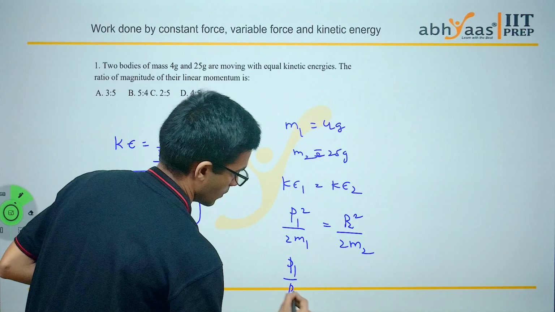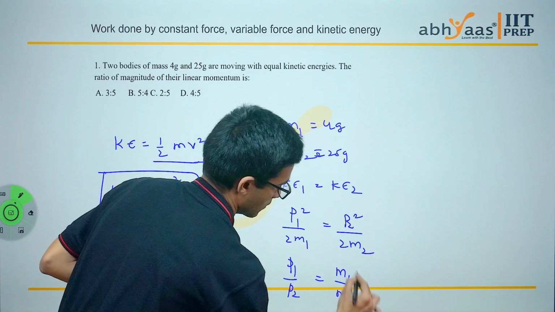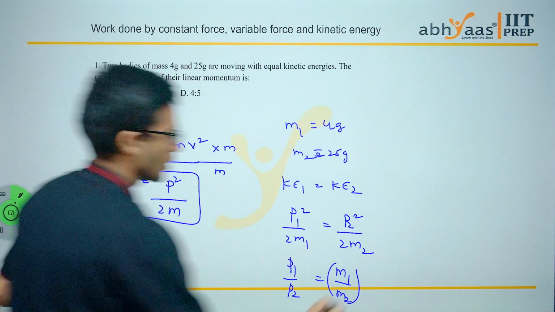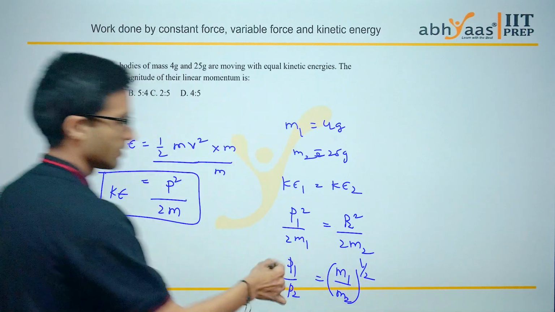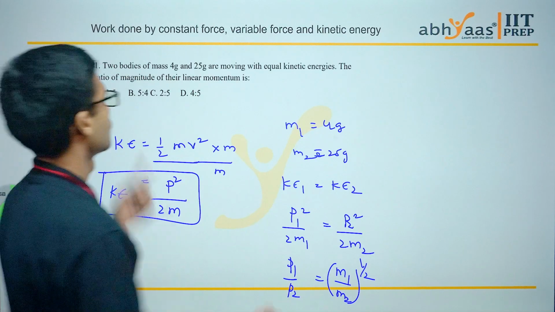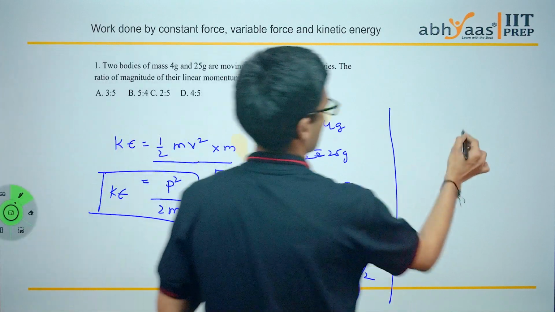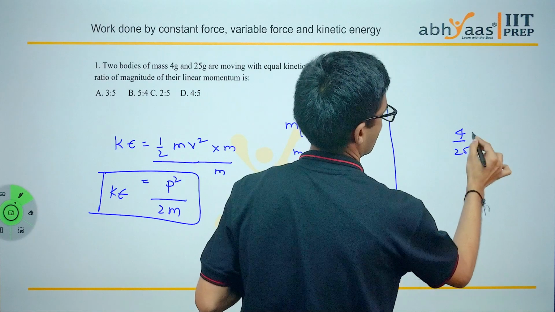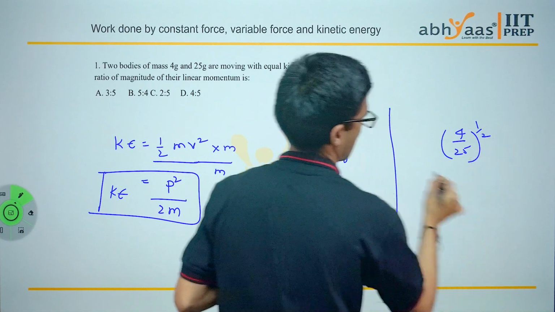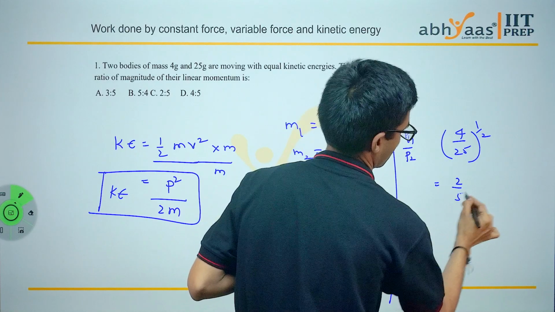P1 by P2 is equal to m1 by m2 to the power 1 by 2, because of the square on this side. So P1 by P2, the ratio of linear momentum, is 4 by 25 to the power 1 by 2. So what you will get? 2 by 5. This is the answer.